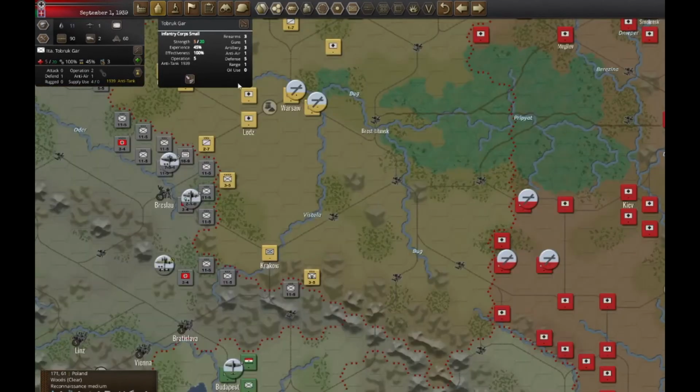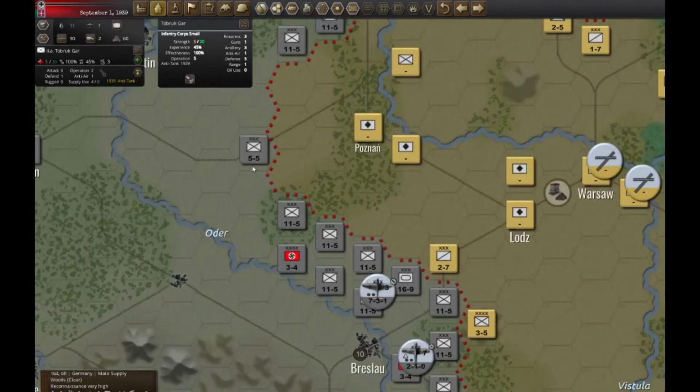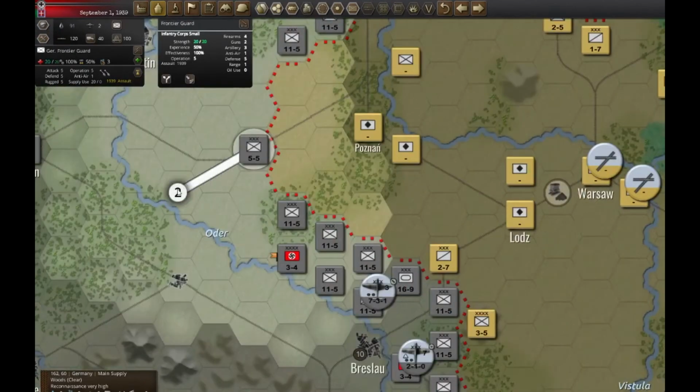So again, if I were to click on an infantry unit here, you can see here the amount of oil that it requires is 0. So for moving and attacking, it doesn't require oil. But remember, if it's off rail before they get their turn to start, for example this unit here, which is off rail, and this unit, 1/3 oil will be used for trucks to deliver supplies to it, and that's for upkeep.